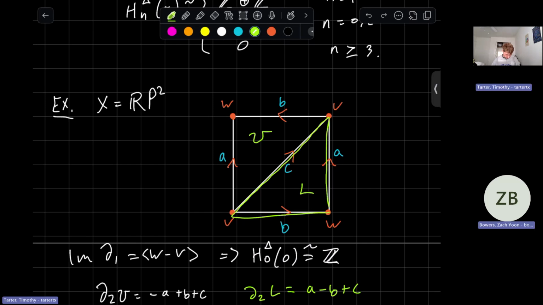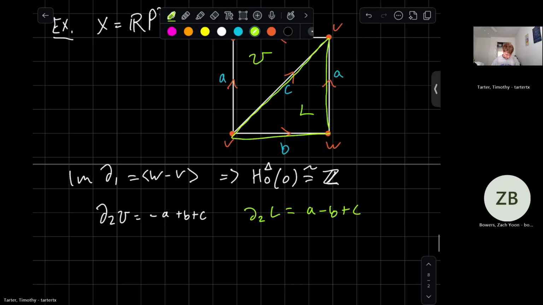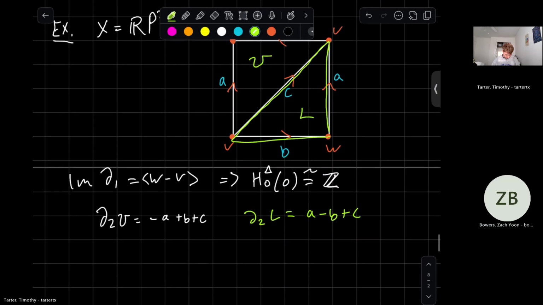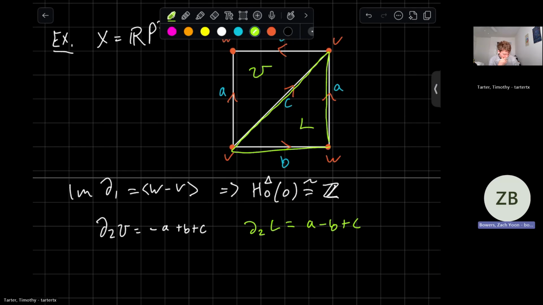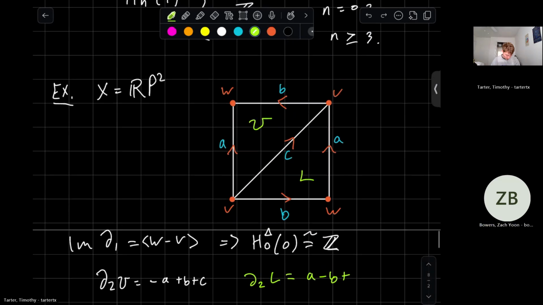Minus B plus C minus A. But it's A minus B. That doesn't make sense. Oh, I see. In the book you flipped B, but you're actually supposed to flip the A's, I think.